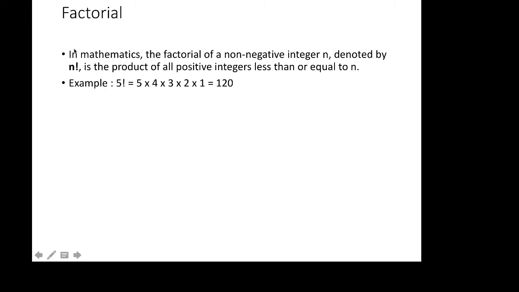That's exactly what this text is saying. 5 factorial, just 5 until it hits 1. Or 6 factorial, 6 times 5 times 4 times 3 times 2 times 1, and so on. This is the factorial.